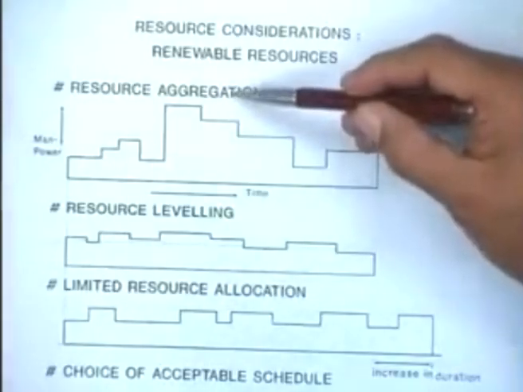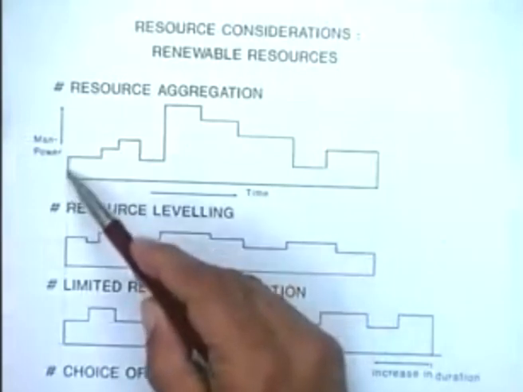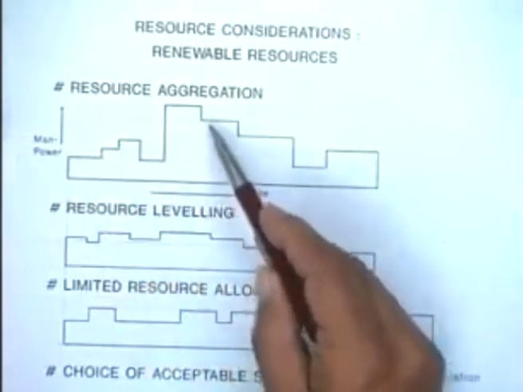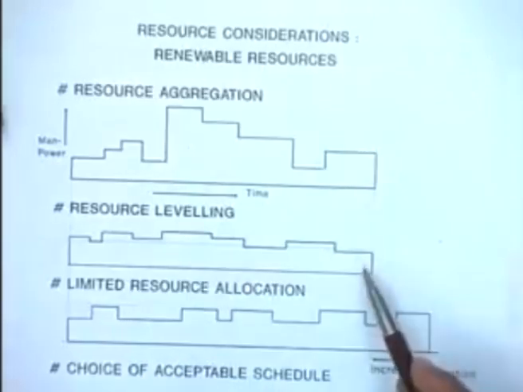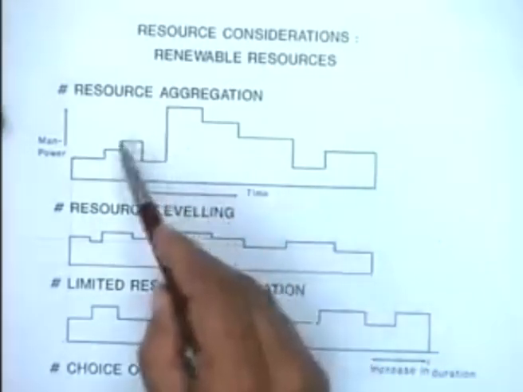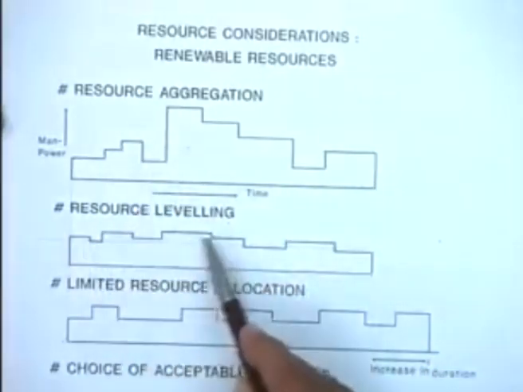Here is a pictorial representation of the process. In resource aggregation, we are simply interested in finding out the manner in which resources are utilized over time. In resource leveling, we are not increasing the project duration, but we are trying to shift some jobs so that this becomes more leveled.